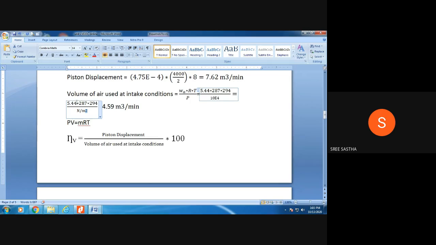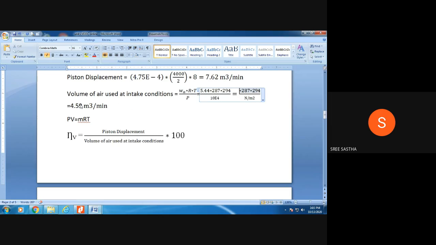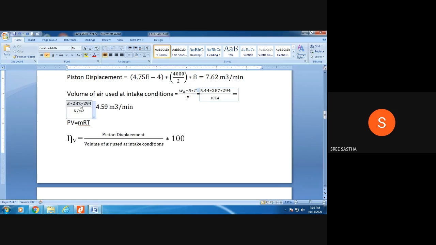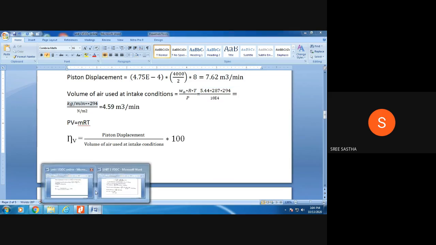Now see WA. You know the unit. I am just cancelling and typing the unit. WA is kilogram per minute. This minute only is going to come here. What about the gas constant value? 287.